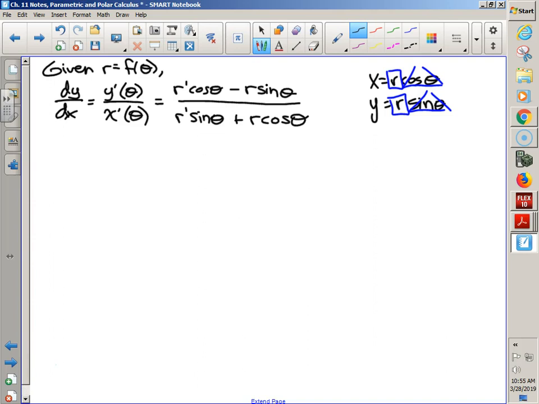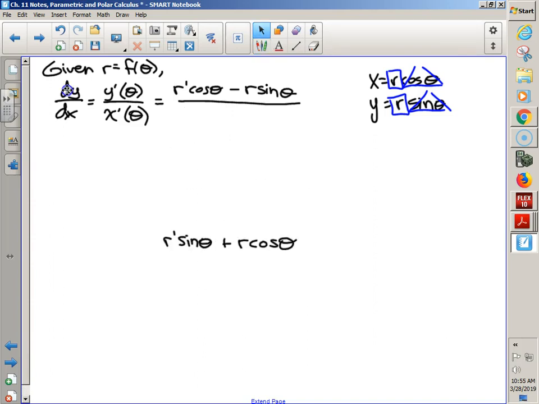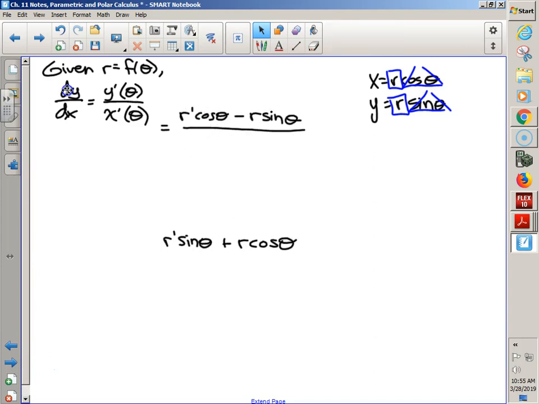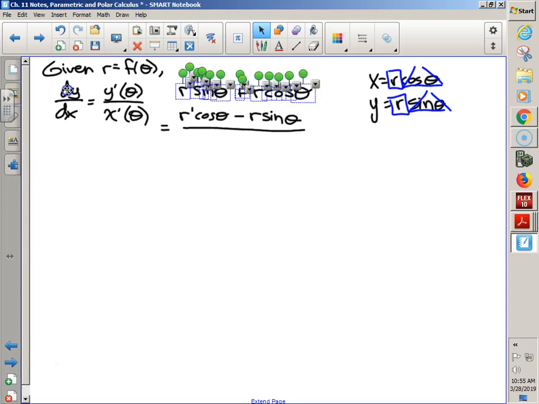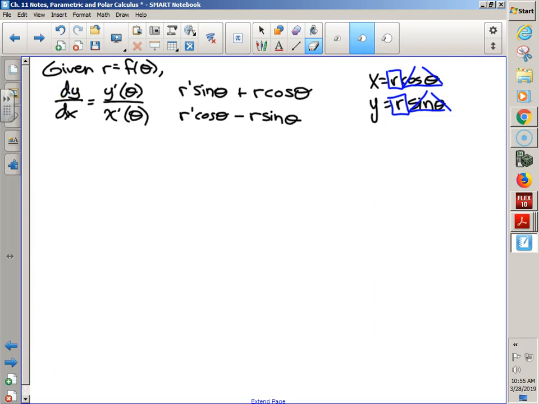Oh, did I just take the derivatives the wrong way? It's not so much I flipped them, because that's how I make x and that's how I make y. I just took x prime over y prime. There we go. So if you can always make x and y, then you can always memorize this.